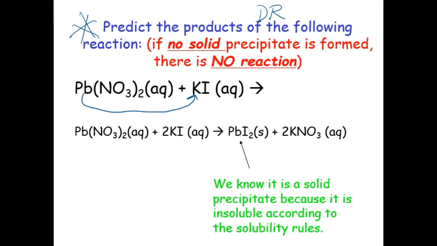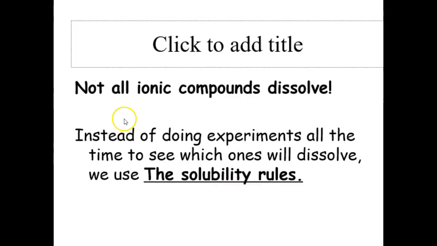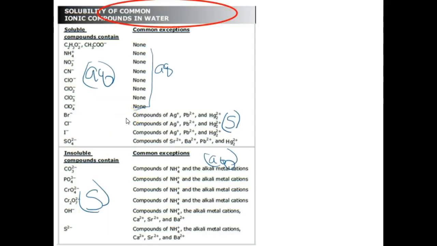When we do that, we end up with lead iodide, and we get potassium nitrate. Now, if you go to that chart, let me go back. We have lead iodide. You go up to this chart, you find iodide, iodine right here, and you look right here, and there's lead 2. How do I know it's lead 2?